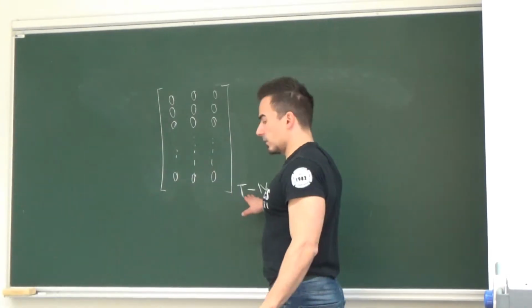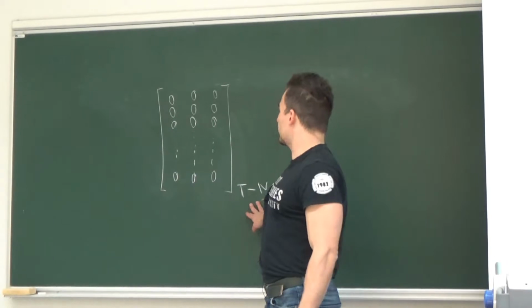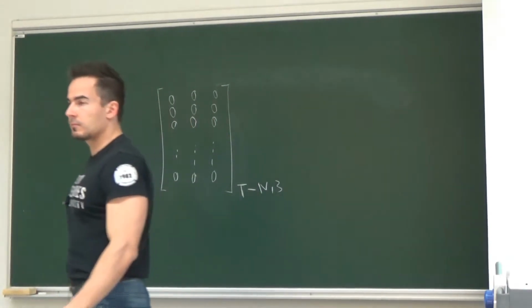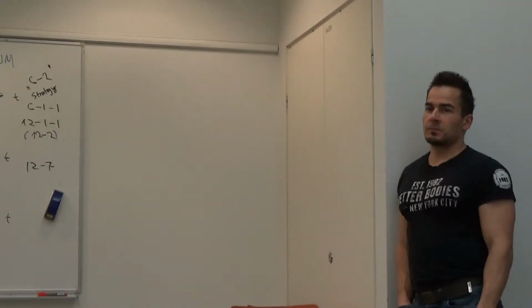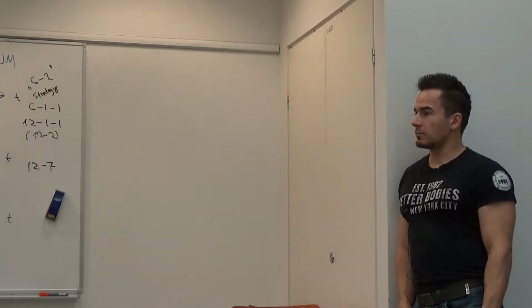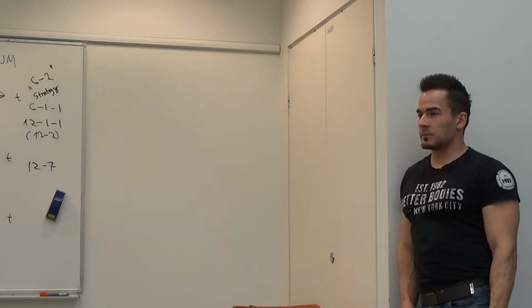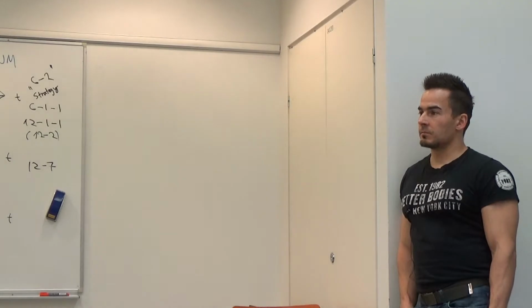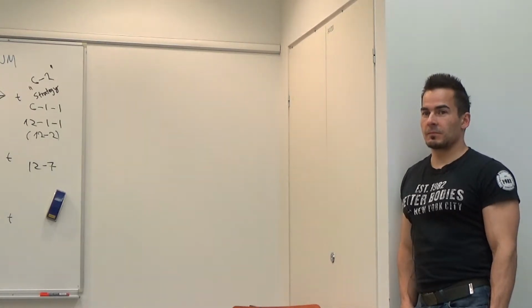So why is the length of this result matrix T minus N? Who has an idea?